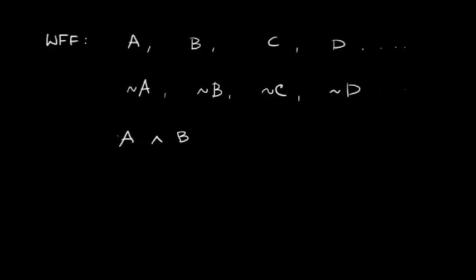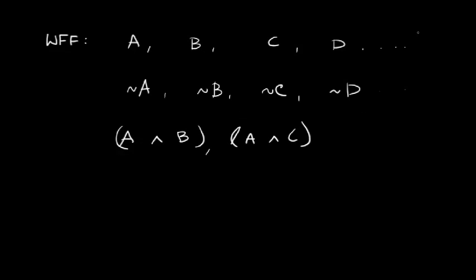We could just say, well, any atomic formula is A, B, C, D, all the way to the last sentence letter we could have, and then we could also list that not A would be well-formed, not B, not C, not D, and so on, A and B, A and C. We could just go through and try to list every single formula that we want to say is well formed. The problem with this is that there's an infinite number of symbols, so it's not possible for us to actually do this.